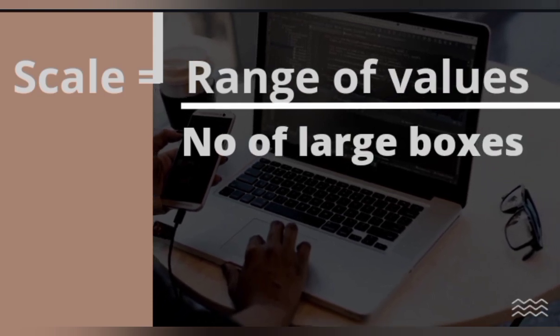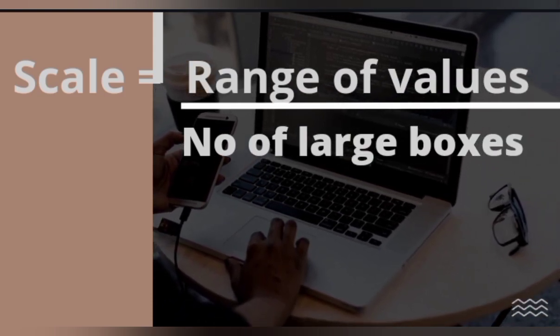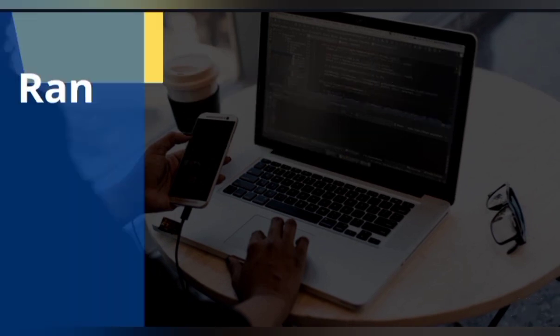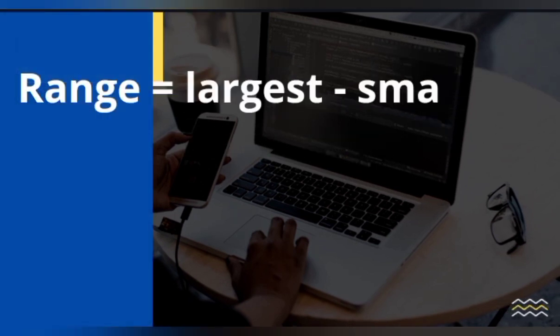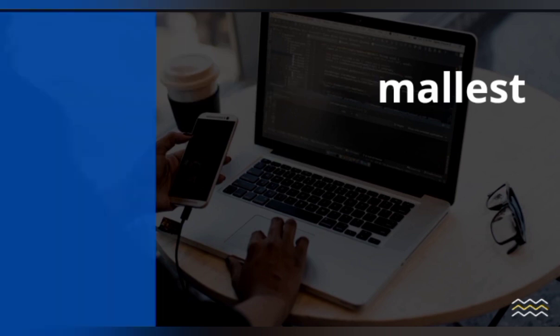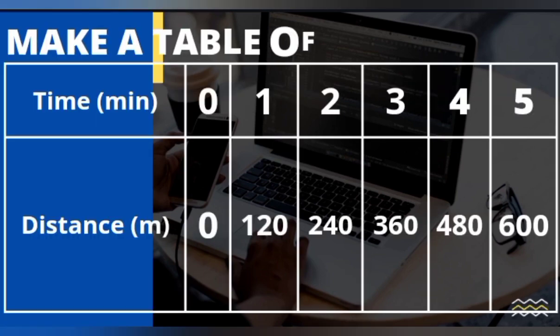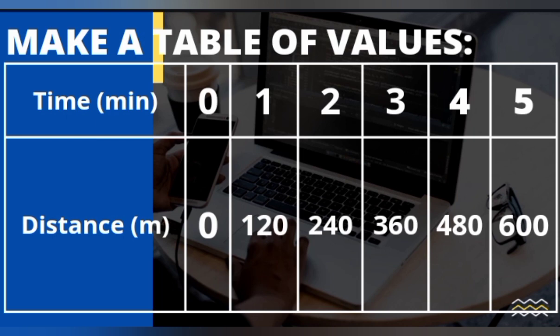Now to look at the range of values, you have to go back to your table of values. But first of all, the formula for range is the largest number minus the smallest number. So when you come to the table of values, let us start with the first row, which is for the time in minutes.